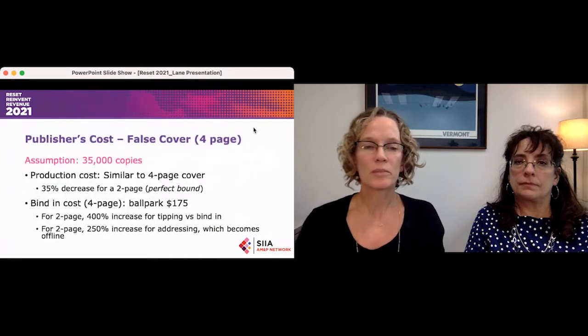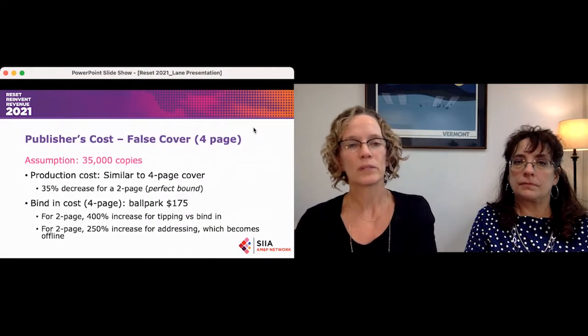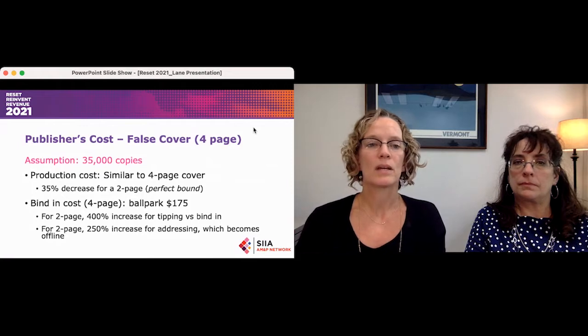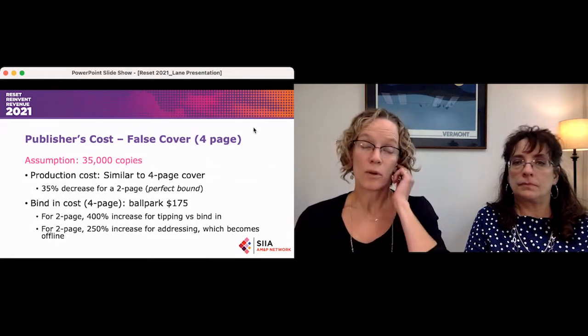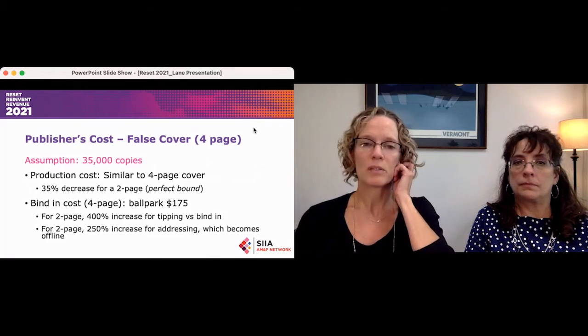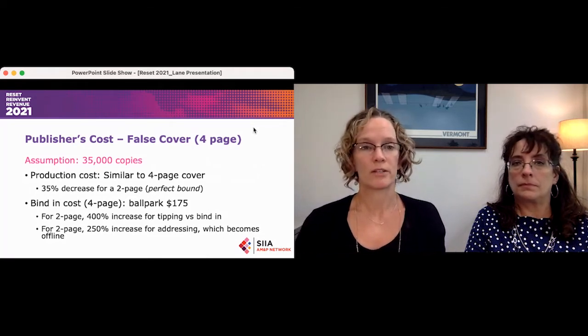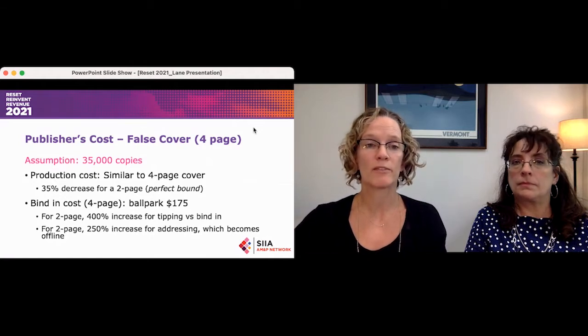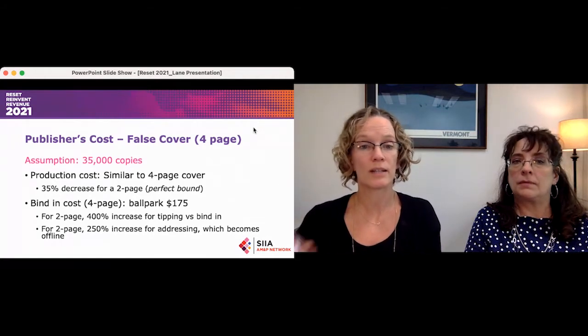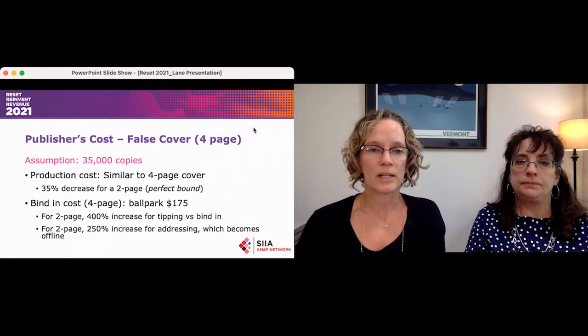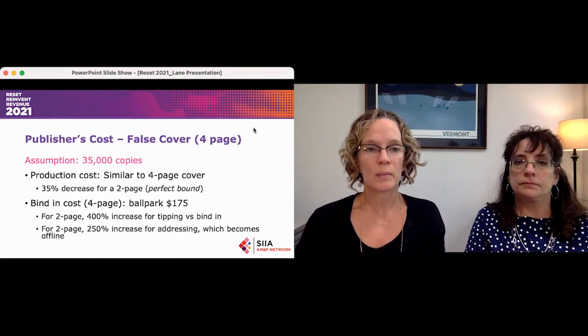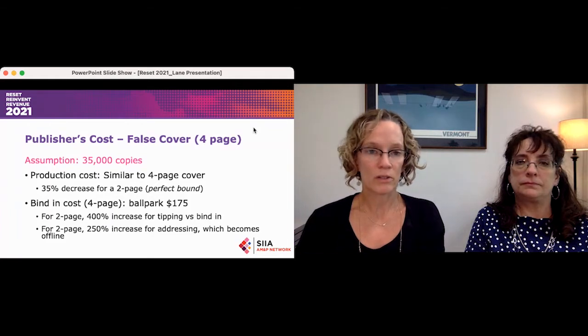Now, in terms of cost, again, we're going to assume 35,000 copies. The production cost for a 4-page false cover is similar to a 4-page regular cover. You would decrease that by about 35% if you did the 2-page on the perfect bound magazine. And then there's bind-in cost. So you would ballpark that at about $175.